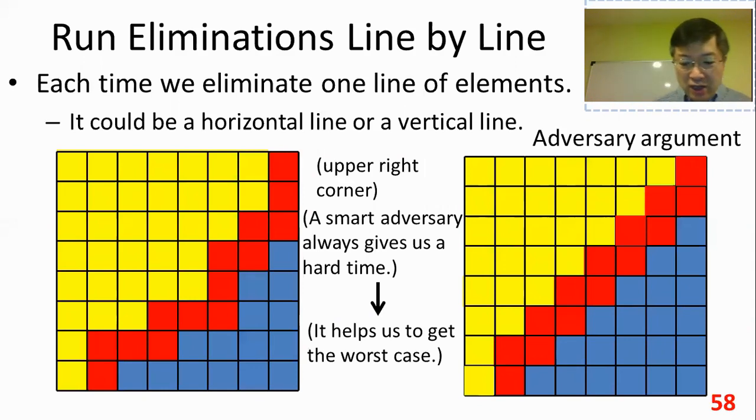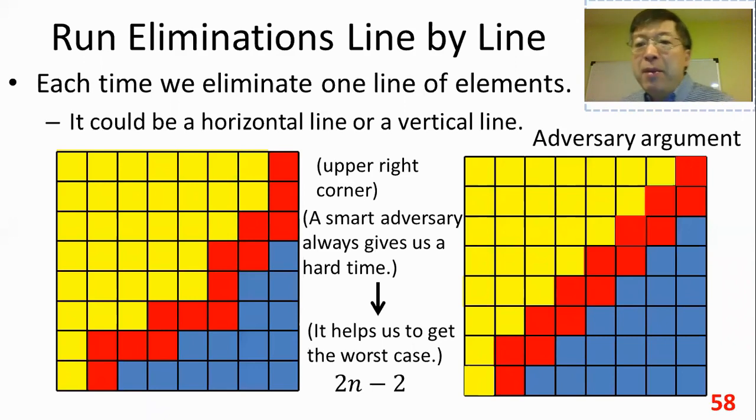Now the analysis is also pretty easy. Because two diagonals, we can count. If the size of the matrix is n by n, each diagonal has n minus 1. So in total, the red boxes are 2n minus 2.